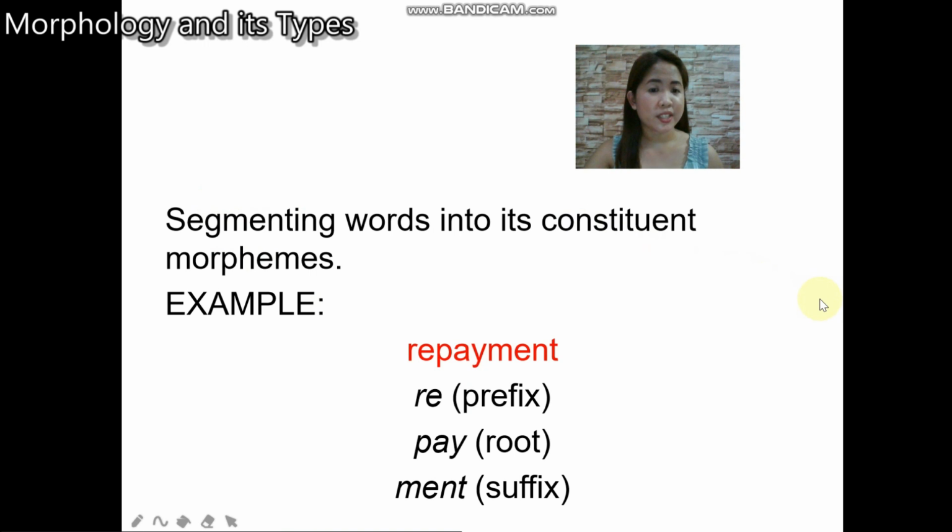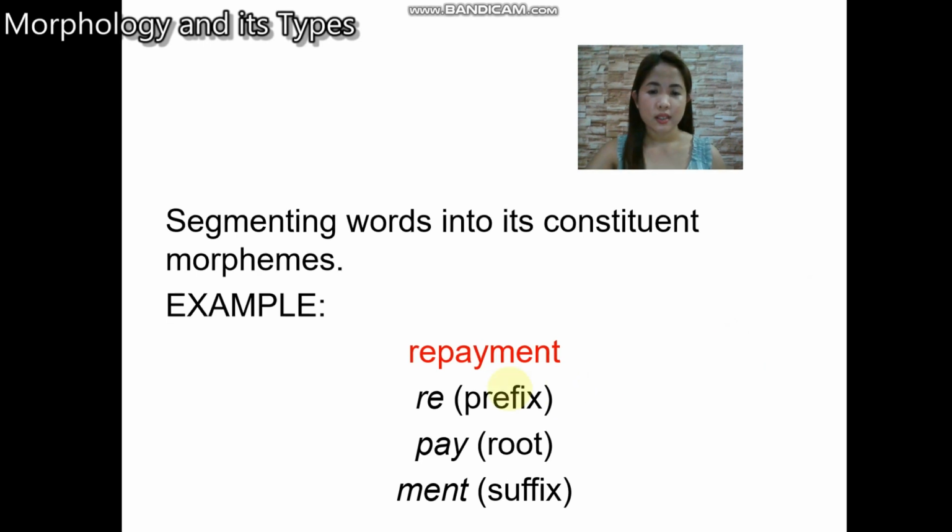Now let's try segmenting words into their constituent morphemes. We have the word repayment. Re functions as prefix. Pay is the root word. It has meanings of its own. It can work independently on its own. Pay functions as a verb.